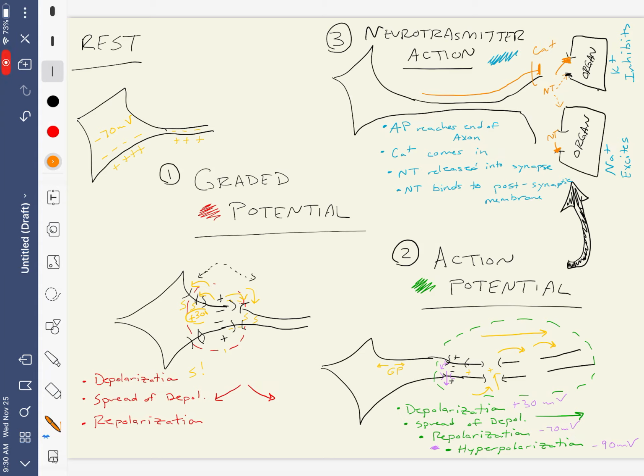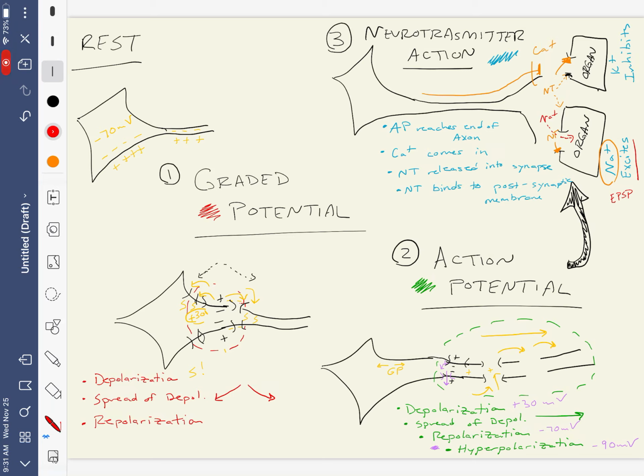Now, if that neurotransmitter binds to a sodium receptor, that means that sodium channels will open, and sodium, because we have more sodium on the outside, is going to rush in, depolarizing the membrane and causing an excitatory response or an excitatory postsynaptic potential.